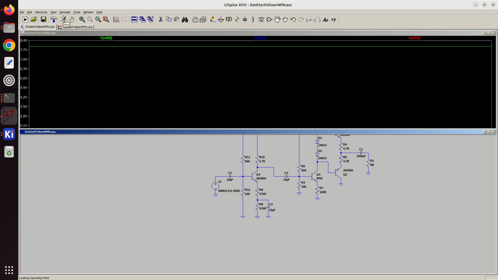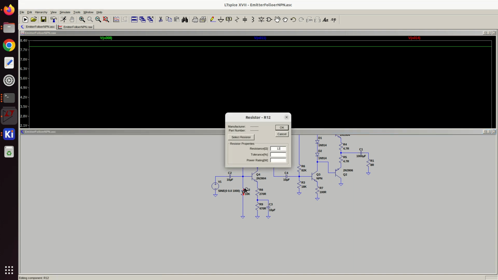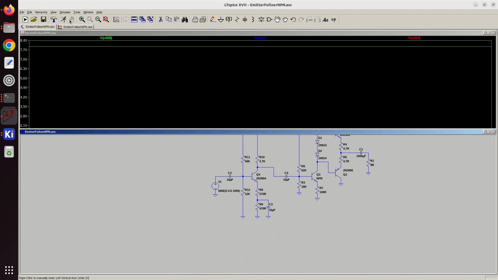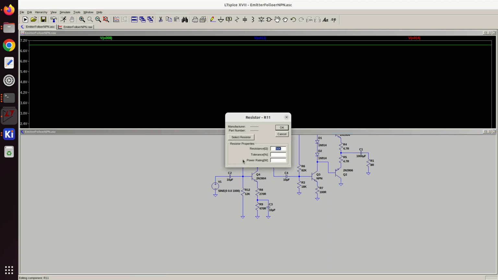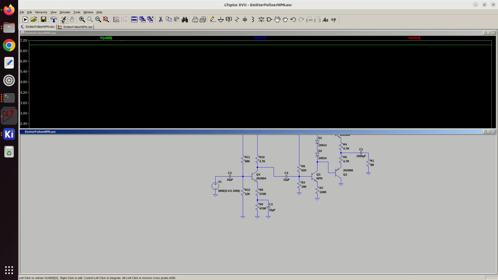I'll probably find where I was. 12K, and let's run that. And what was, I had this at what, 68 I believe. Nope, I can't remember.